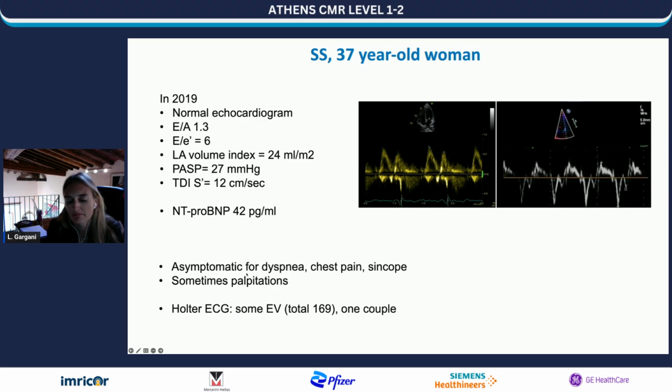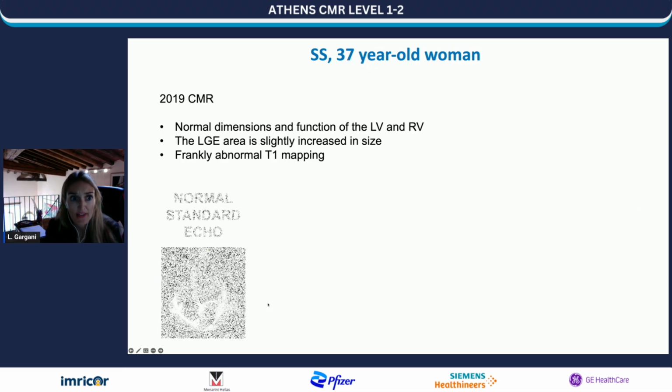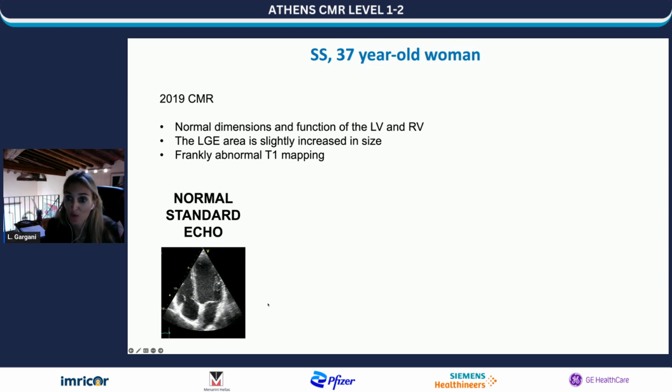She was mostly asymptomatic, but she had sometimes palpitations. And indeed, the Holter EKG had a few extrasystolic ventricular beats. So the CMR of this patient, that was done because she had these red flags of both digital ulcers and alterations on the Holter EKG, showed normal dimensions and function.